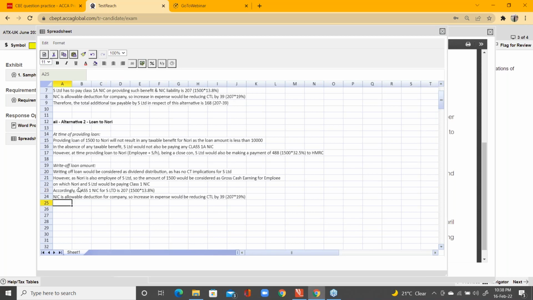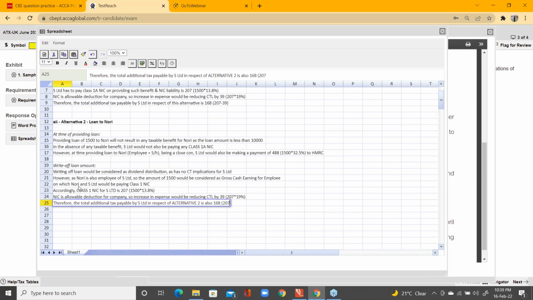Therefore, the total additional tax payable by S Limited in respect of alternative 2 is fortunately the same amount, 168.